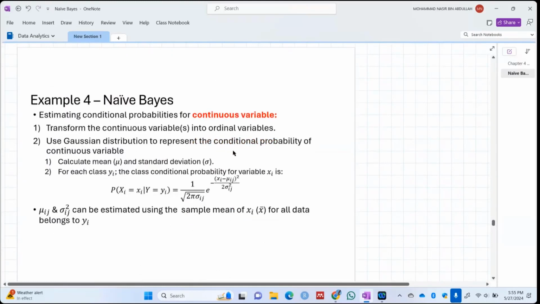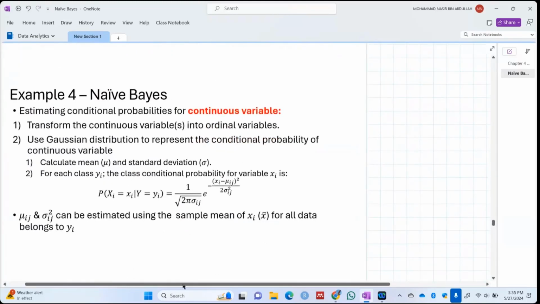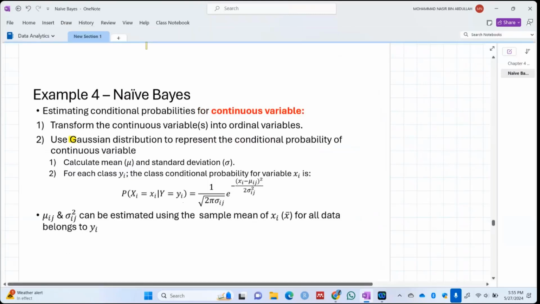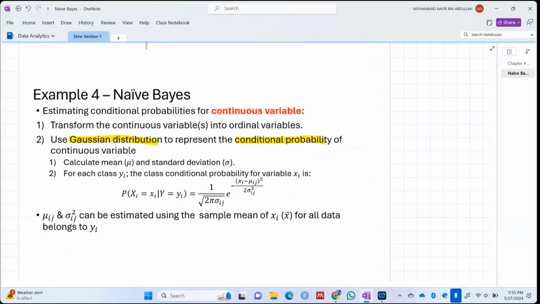Now the second part, if we have a continuous variable, conditional probability. We will apply this same method in linear discriminant analysis.